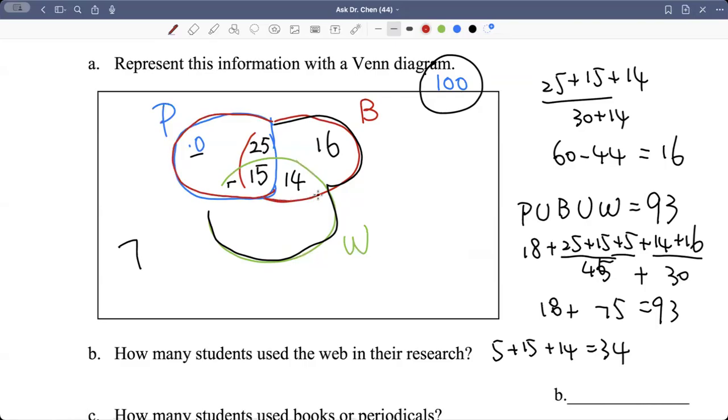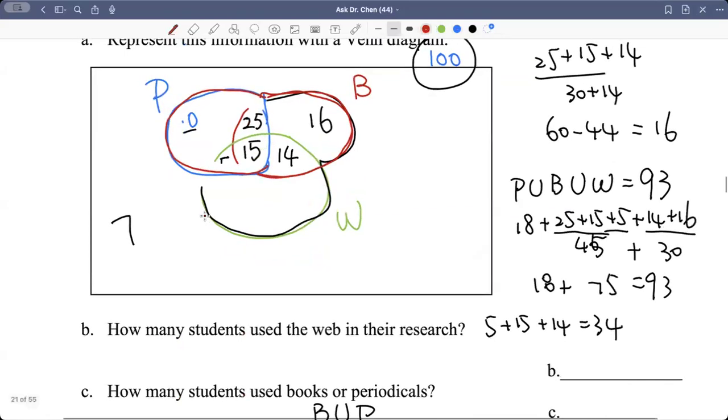Let's just add all those numbers together.